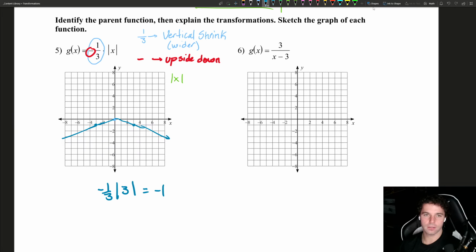I know vertical and horizontal shrinks and stretches can get mixed up. Really, I just want you to be able to identify if they're going to be wider or narrower, and why. So you don't have to use vertical stretch or shrink, but it's nice too.